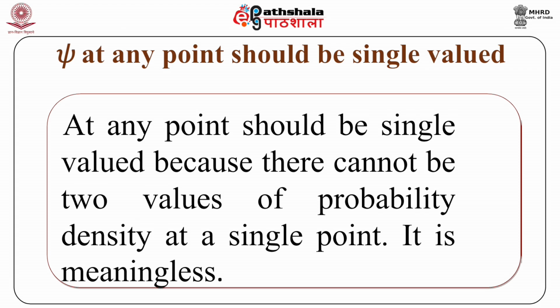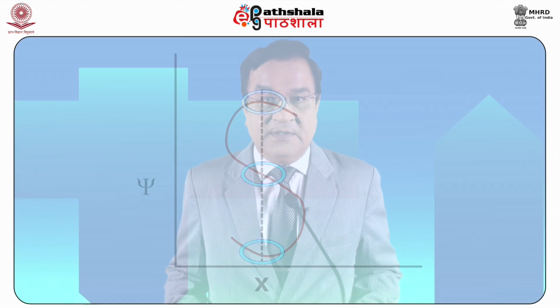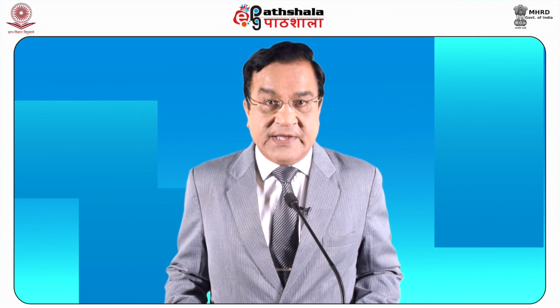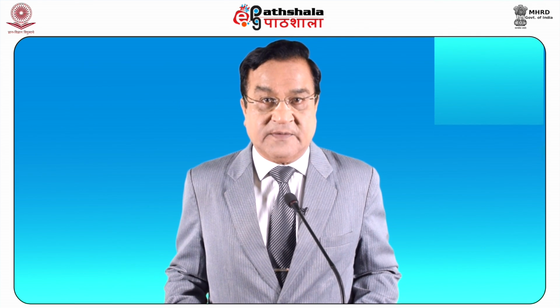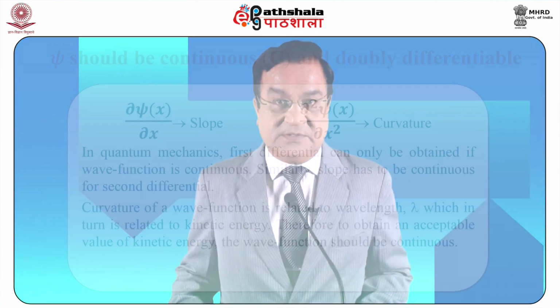For example, here you can see the variation of a function with x, and at a particular point x, it has 3 values. So this is not an acceptable wave function, because it should have one value, and here it is having three values.